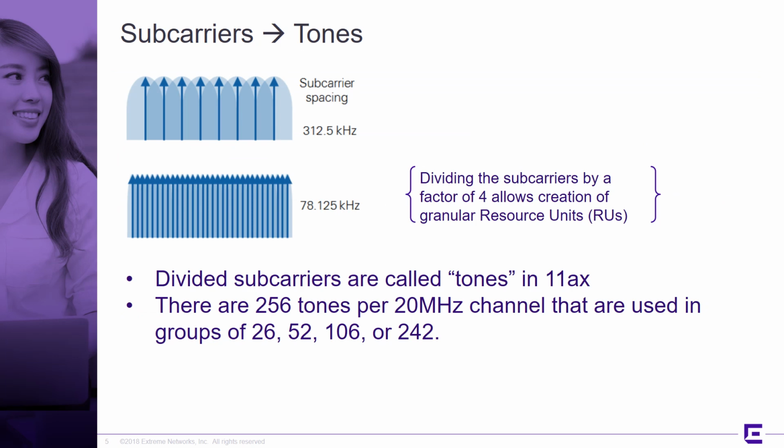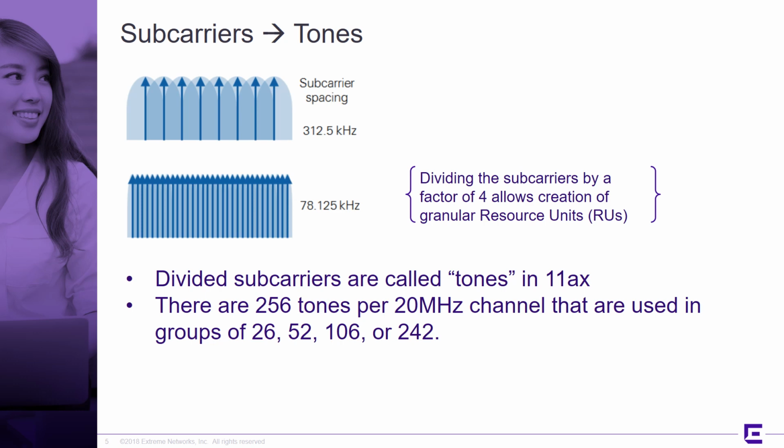What we've traditionally called subcarriers, we're now calling tones. Subcarrier spacing is 312.5 kilohertz wide, and there are 64 within a 20 megahertz wide channel with OFDM and HT-OFDM. With 11ax, we have divided the width of the subcarriers by 4, yielding a 78.125 kilohertz width and 256 tones per 20 megahertz wide channel.